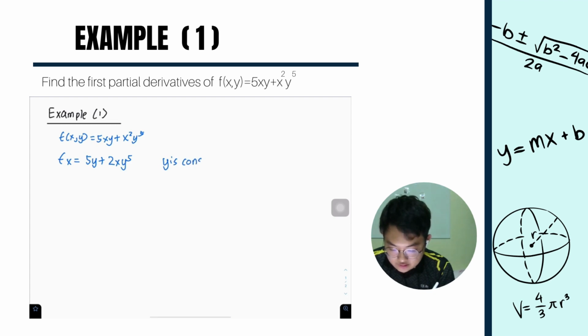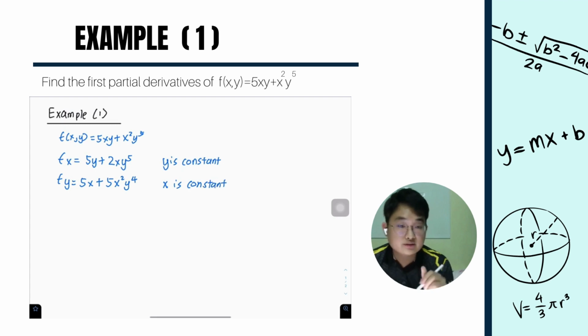Since y is constant, we will not differentiate y. Second, fy is equal to 5x plus 5x squared y to the power of 4. Since x is constant, we will not differentiate x.